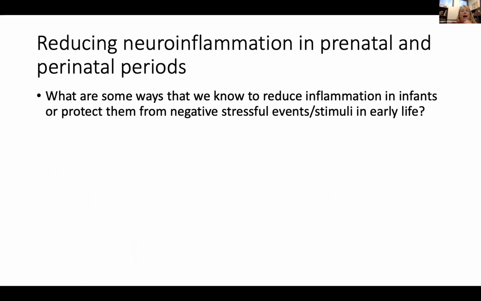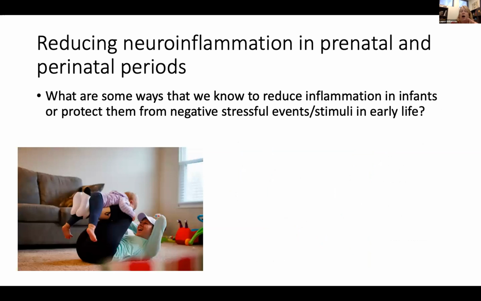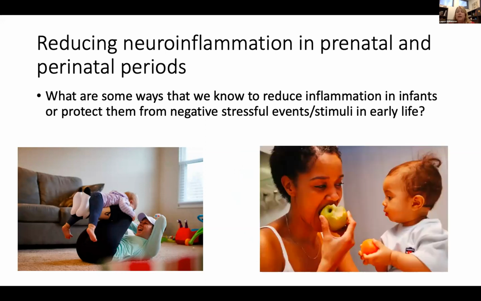Some of the most obvious ones that people have done, and there's tons of literature out there on, are maternal exercise. While mom's pregnant, and after she's had the baby, encouraging exercise in animal models tends to predict and cause better outcomes in babies. Another is changing maternal diet, so reducing certain types of fatty acids and that sort of thing.